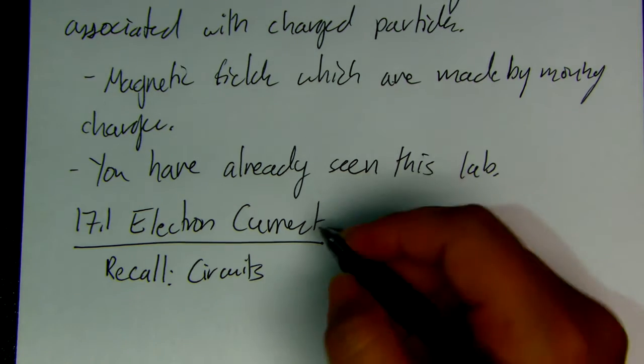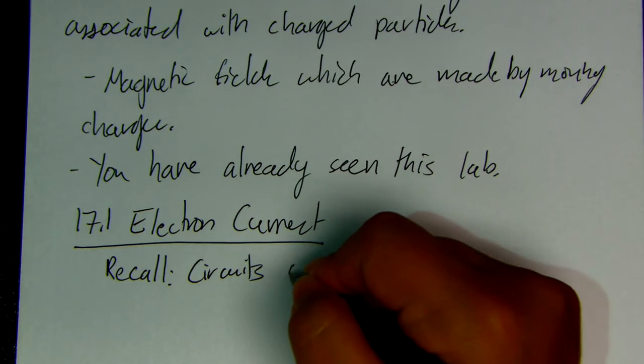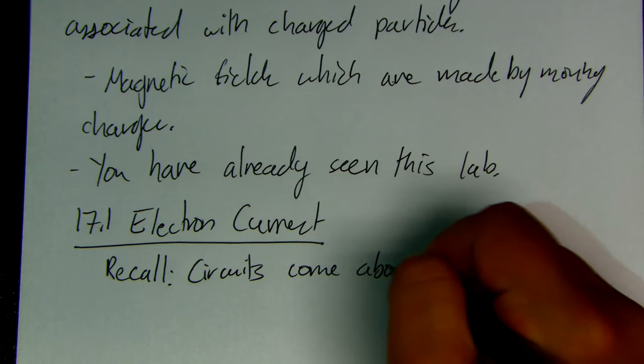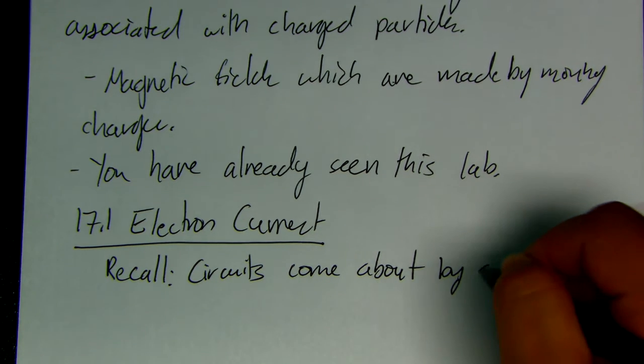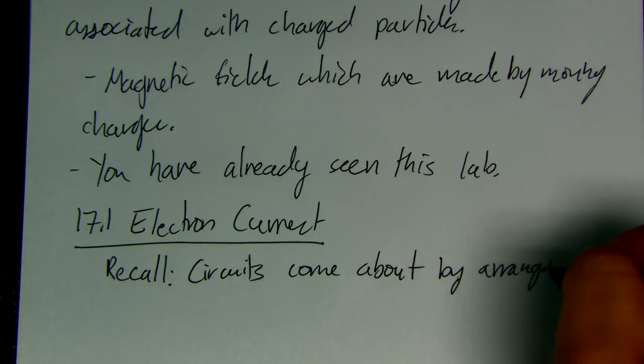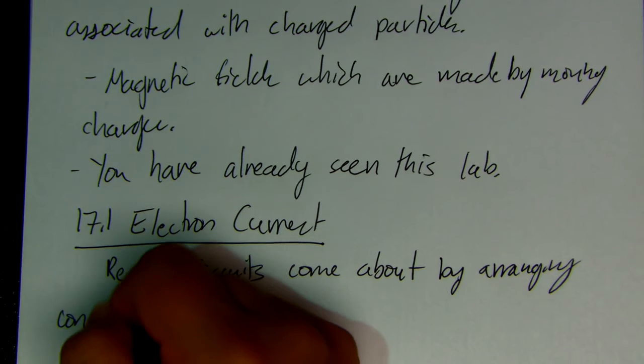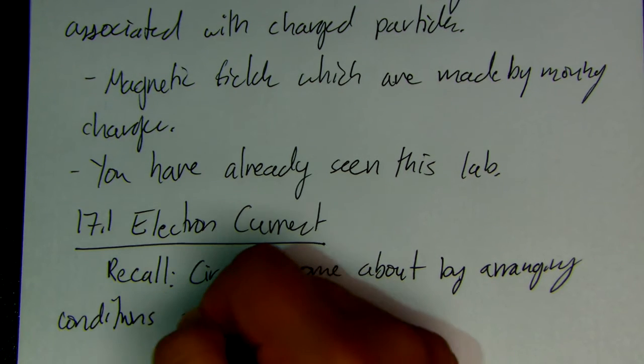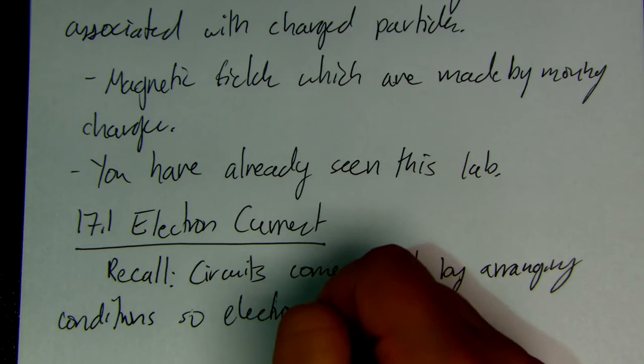So circuits come about by arranging conditions so electrons are constantly moving.